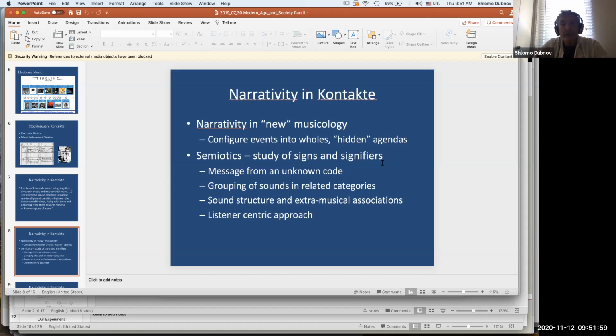And in story, you have time, you have something developing, you have an understanding of some kind of agenda, some kind of dynamics that's happening, and you have events. So if we want to apply narrativity to musicology as a way to analyze music, we need to think about events and agendas or stories.